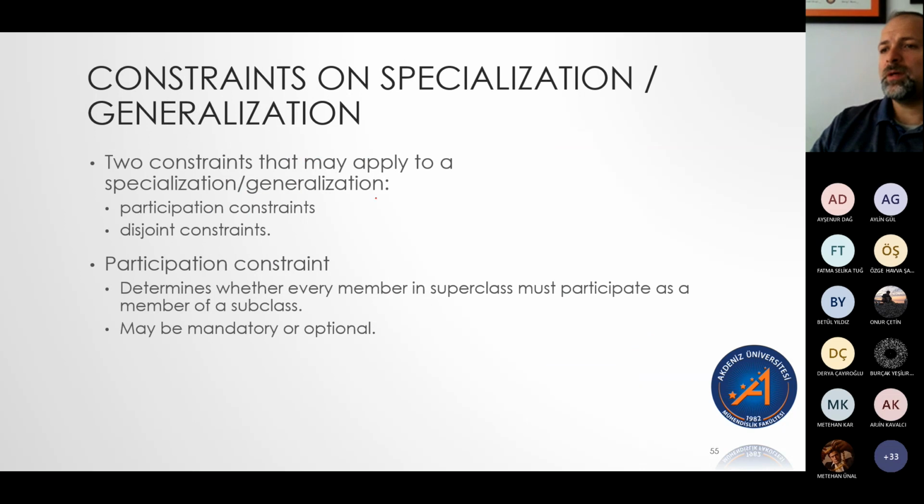So there's two. One is participation, meaning mandatory or optional. And then the disjoint would be the and and the or. Let me draw those differently.